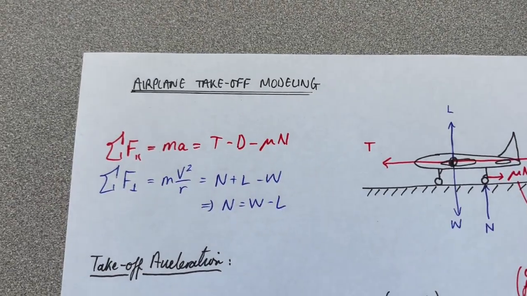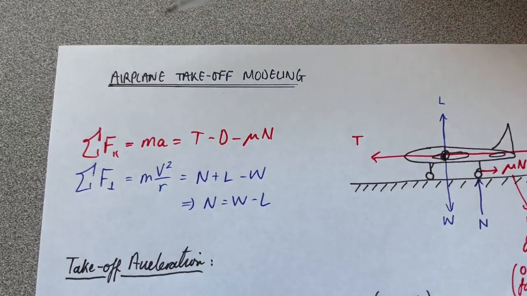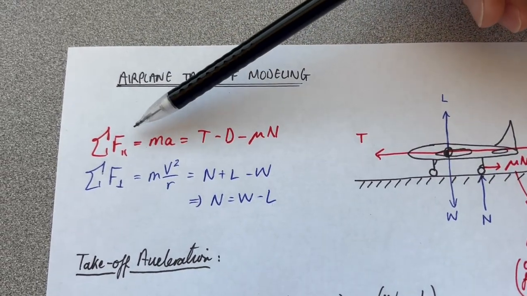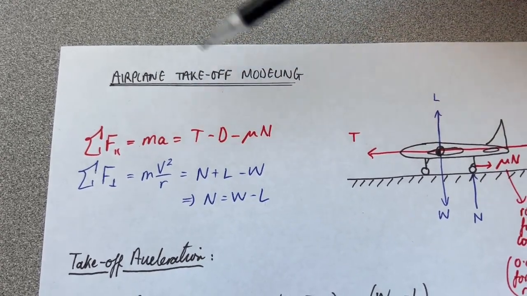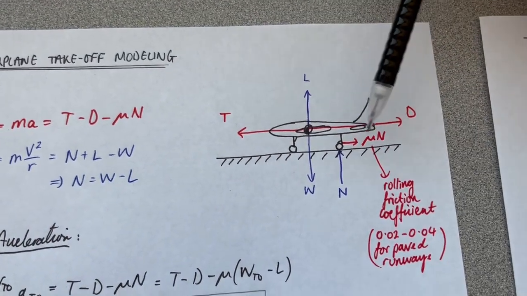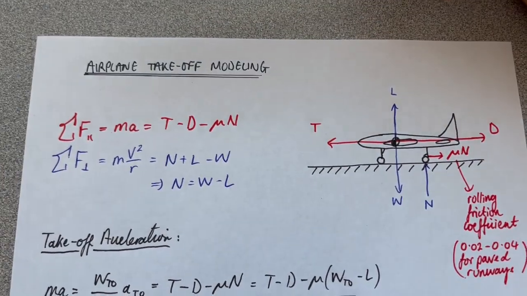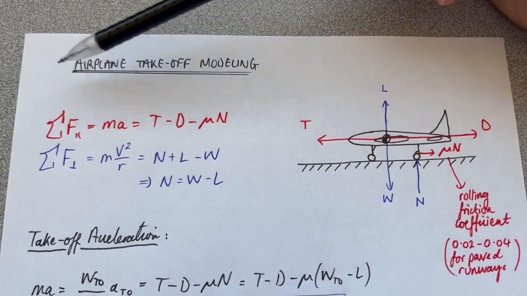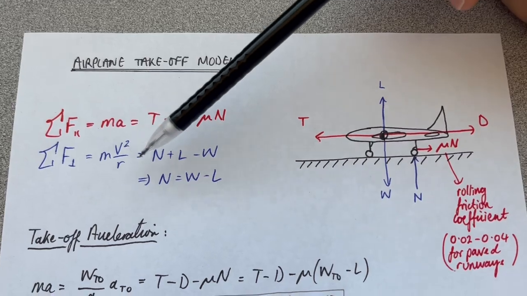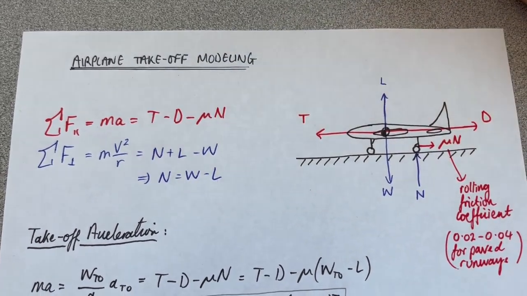So over here I've just used Newton's second law, F equals ma, to sum the forces in both directions. In the parallel direction, F equals ma, I've got positive T and then negative D and negative mu N. Then in the perpendicular direction, I've summed the forces to ma, where a here is our centripetal acceleration, right?